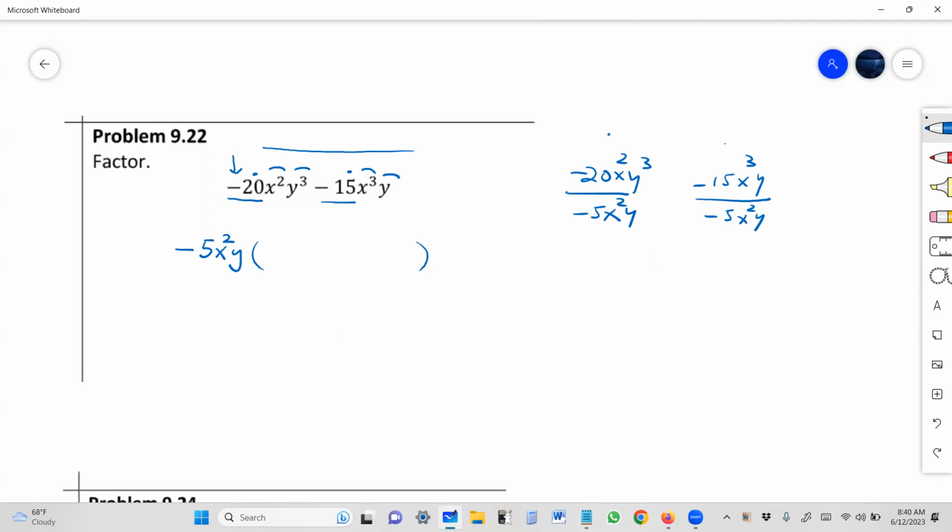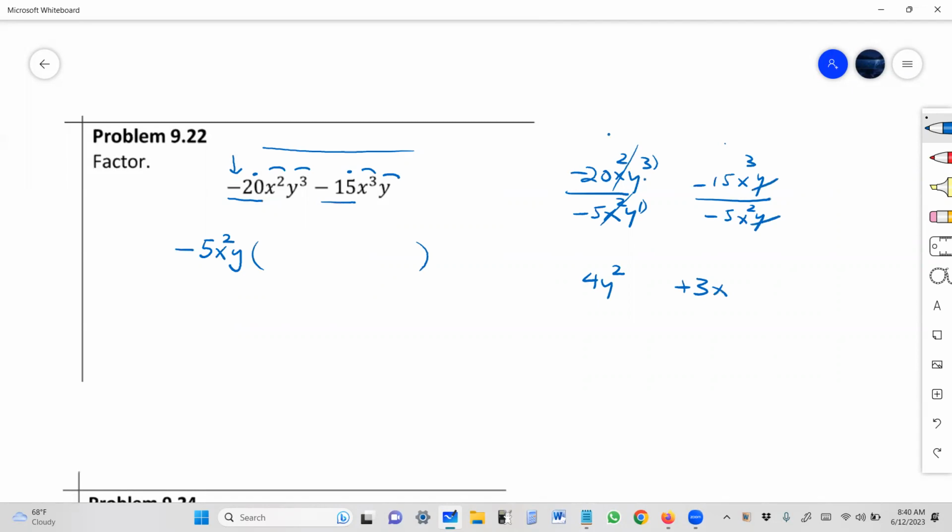Minus 20 divided by minus 5, 4, right? Minus divided by minus is a plus. The x squares cancel. y cubed divided by y to the 1 is y squared. Remember, quotient rule, 3 minus 1. Minus divided by minus is a plus. 15 divided by 5, 3. x cubed divided by x squared, x to the 1, right? 3 minus 2.